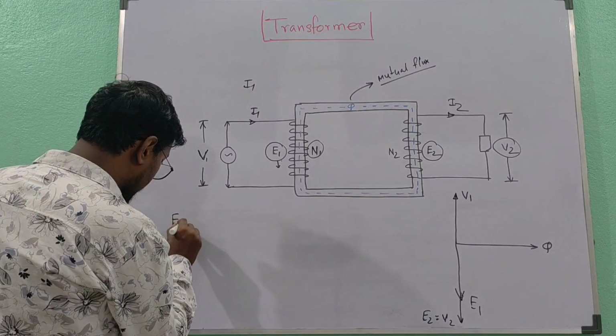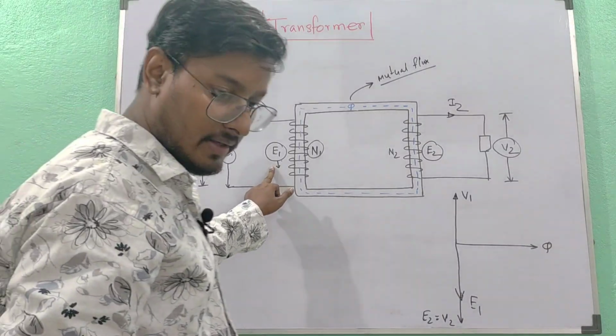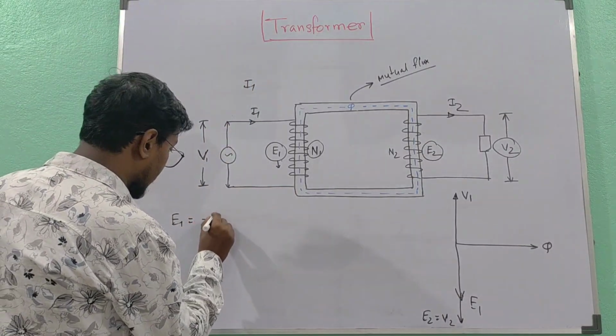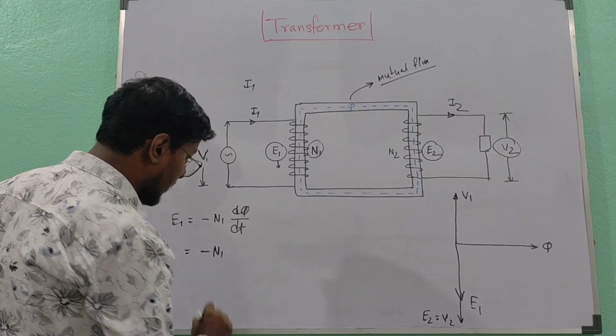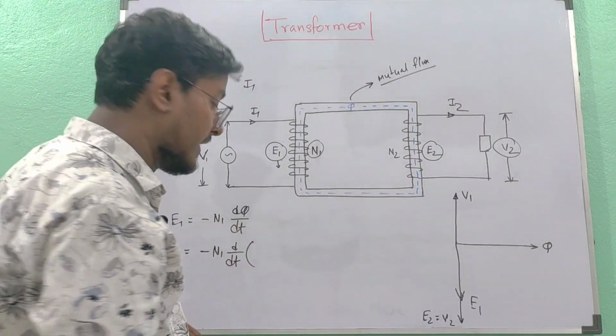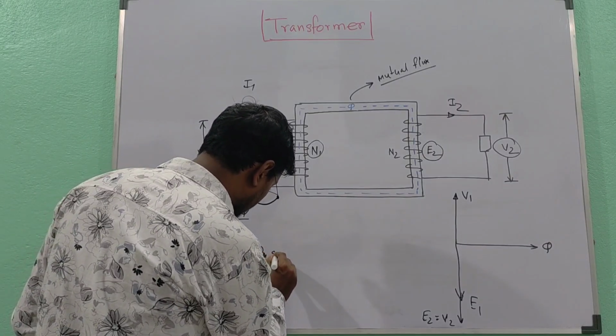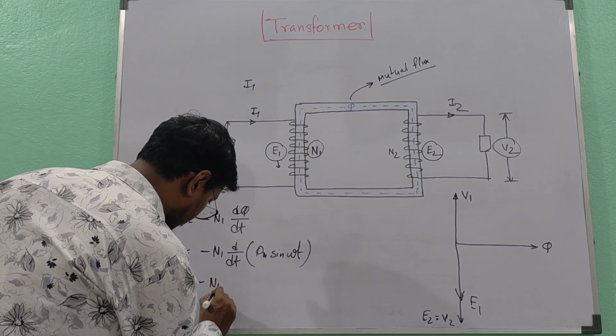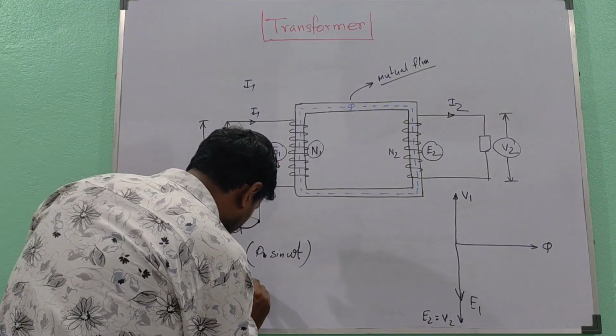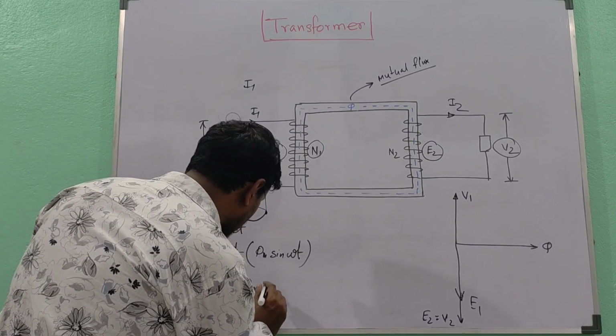We can obtain voltage E1 is equal to minus N1 into d phi by dt. Minus N1, phi is nothing but phi m sin omega t. So minus N1 omega phi m, d by dt of sin omega t is equal to cos omega t.